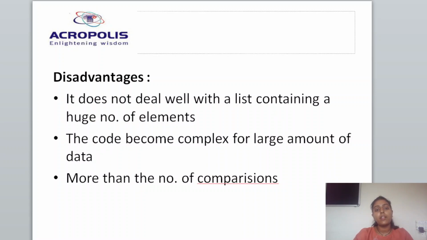Now we have some disadvantages of bubble sort. It does not deal well with a list containing a huge number of elements. It is not suitable for large data sets. The code becomes complex for a large amount of data, more than the number of comparisons.